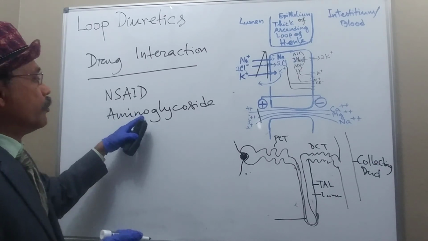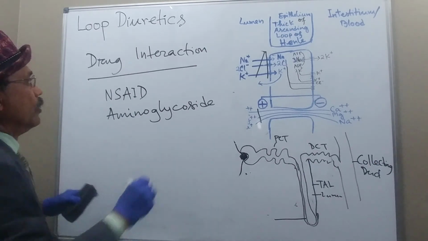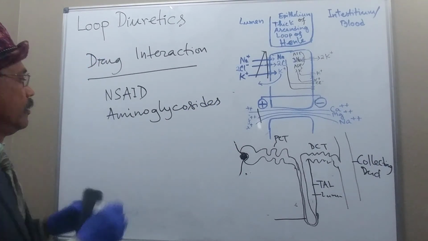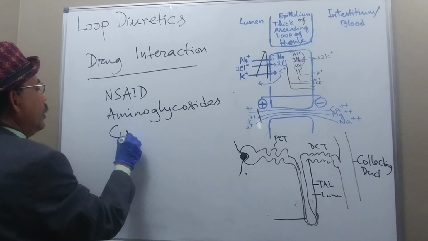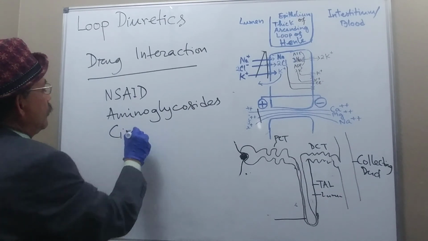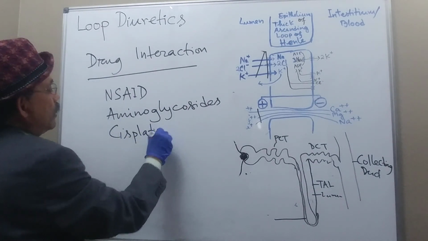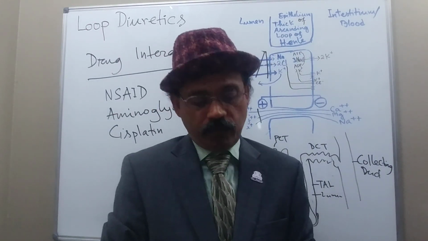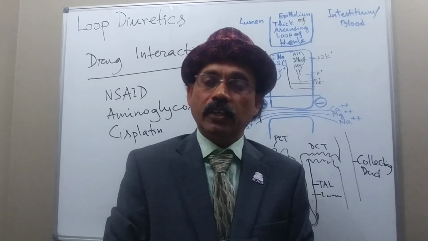All the mycin group of drugs, aminoglycosides, will interact with this drug. Anti-cancer drug cisplatin will also interact. This drug goes nicely with other diuretics that may enhance its action.